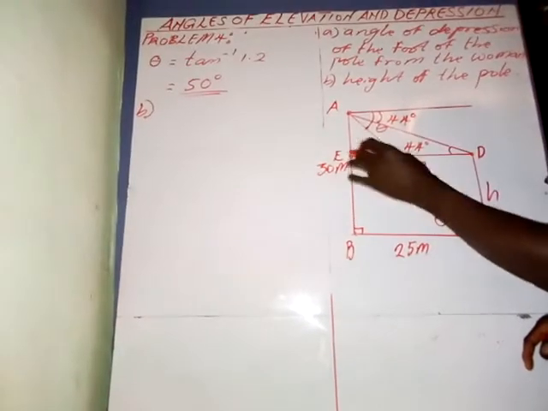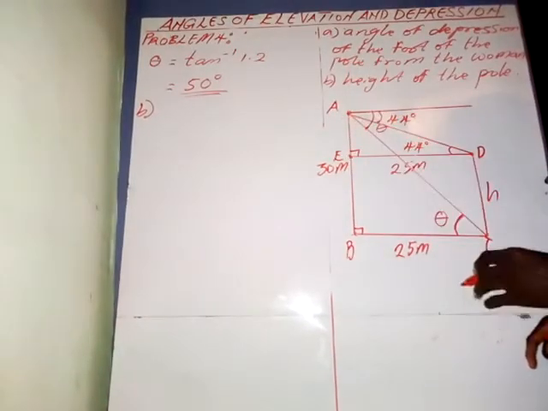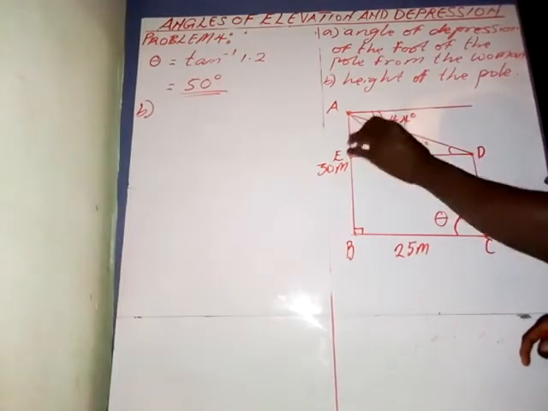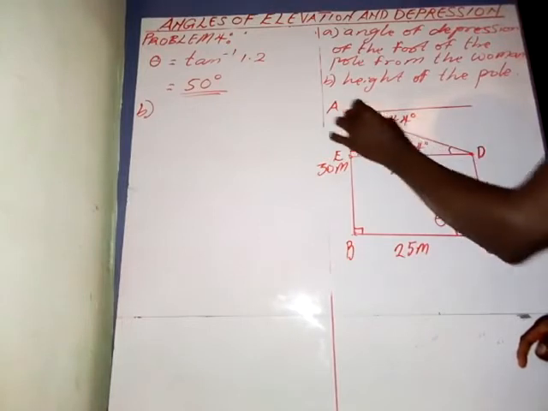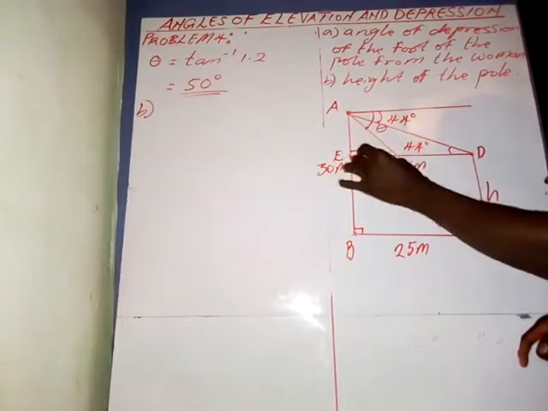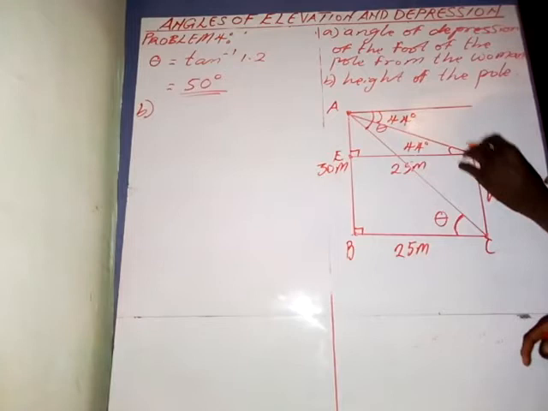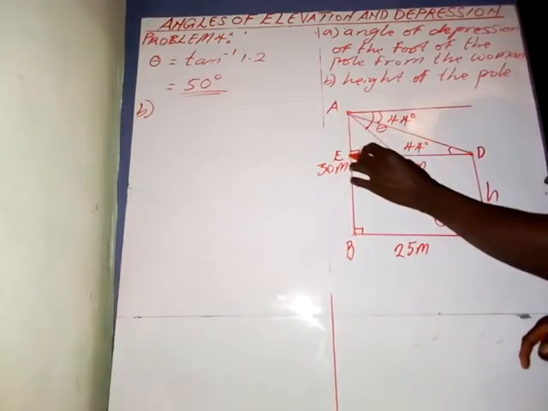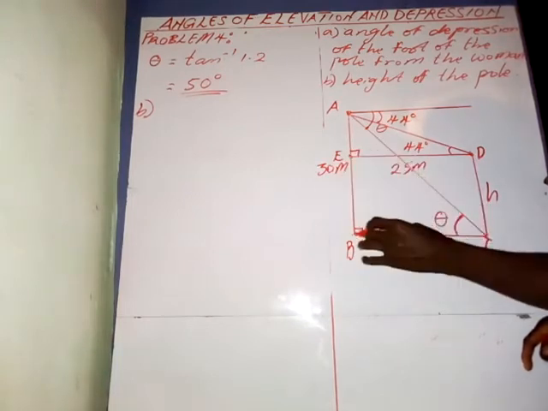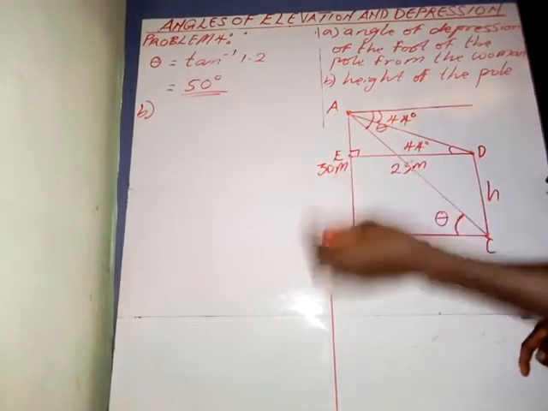So what is now the distance AE? For me to get distance AE, I have to make use of this right angle triangle AED. That will help me to get the value of distance AE. Then from there, I can get the distance from E to B. So let's look at that.